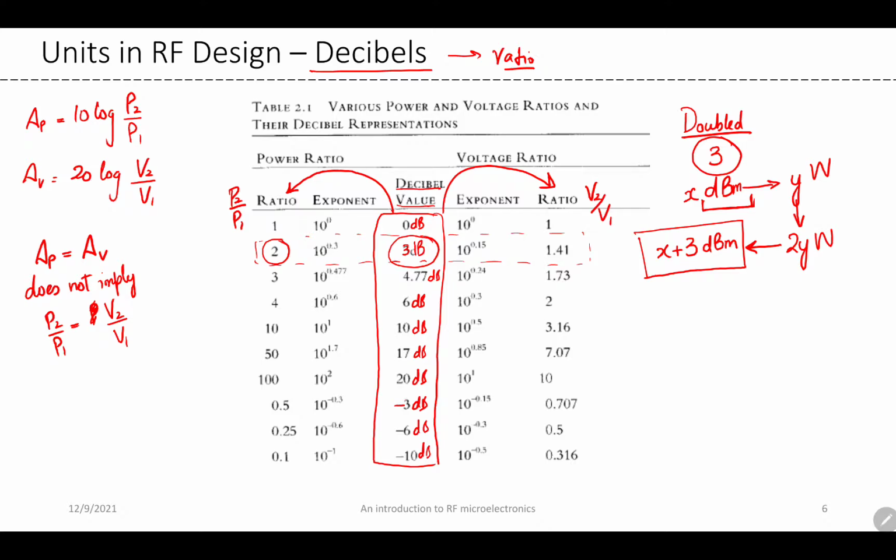Similarly, minus 3 represents halving. If something is getting halved, that corresponds to a decibel value of minus 3. Similarly, there are other decibel values which correspond to different ratios. We'll see how we use this in an example.